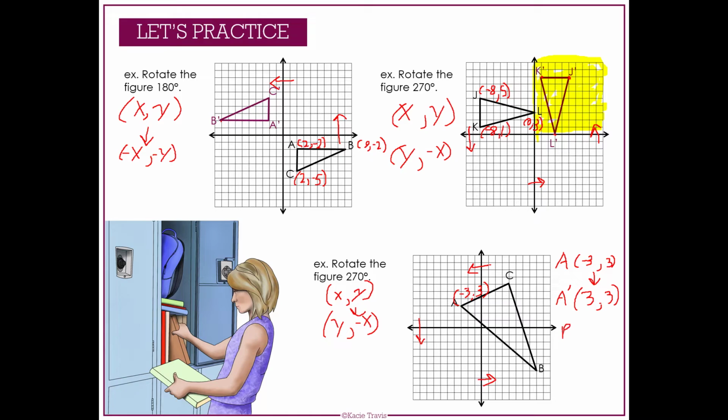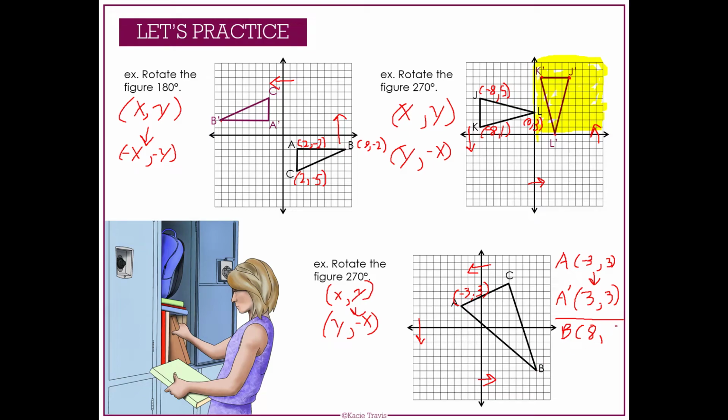Now we got B. Let's see where B's at. B is down here in the fourth quadrant. This is at 1, 2, 4, 6, 8. So this is at 8 for its x value, and going down 1, 2, 3, 4, 5, 6.